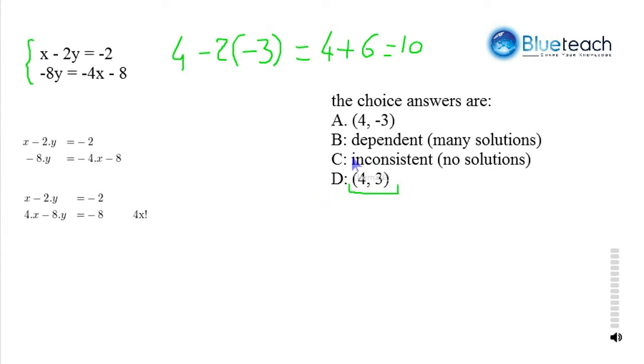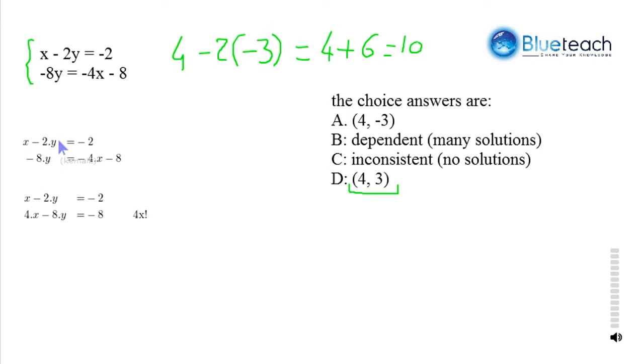Now, what we need to see is whether there are many solutions or there's only this solution. So the way you should always think of these types of equations, two unknowns, is to try to put them on the same side, well aligned, and to look at the coefficients that you get on the x and y's.